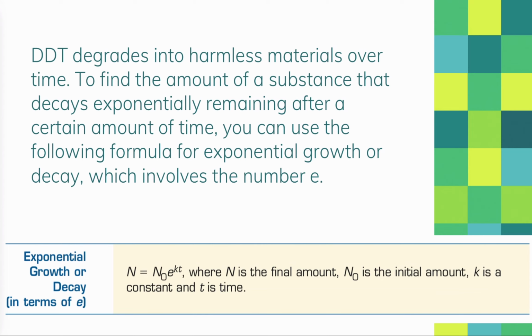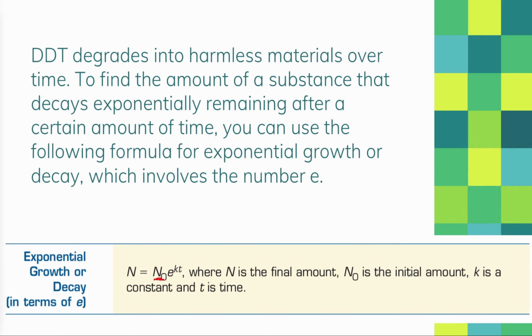DDT degrades into harmless materials over time. To find the amount of substance that decays exponentially remaining after a certain amount of time, you can use the following formula for exponential growth or decay, which involves the number e. So this looks very similar to the exponential growth and decay function that we learned in the previous section.